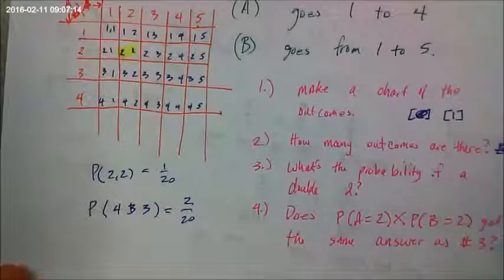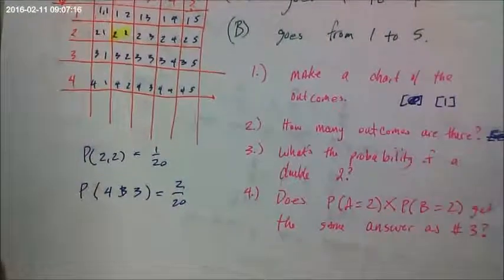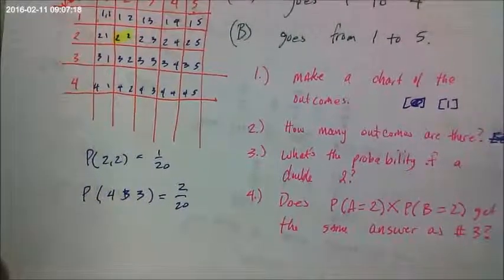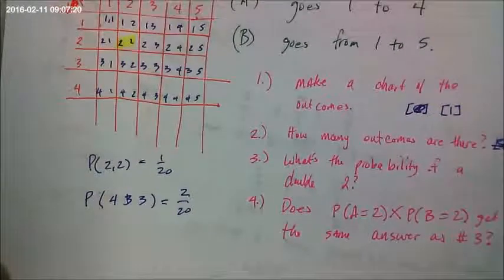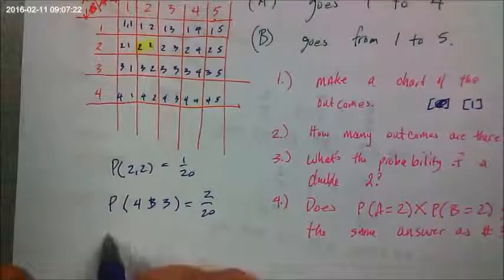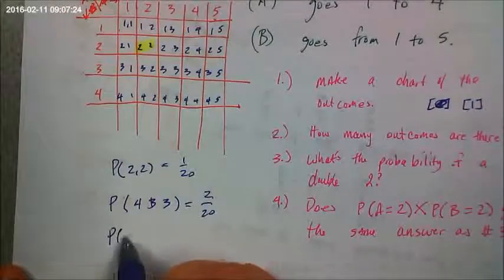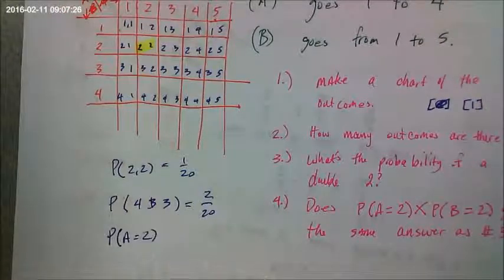Okay, let's talk about number 4. So what's the probability that spinner A equals 2? 1/4? Yes. You sure?